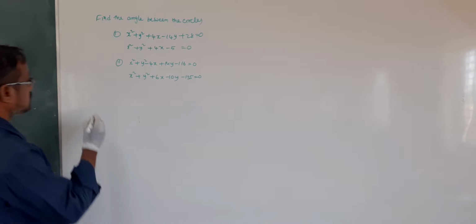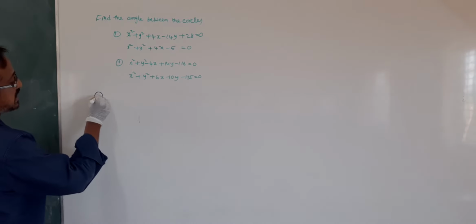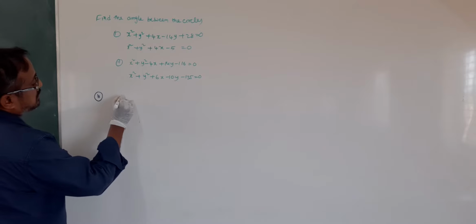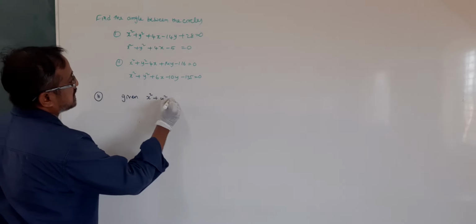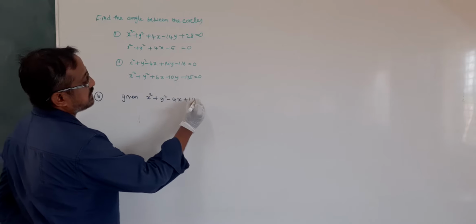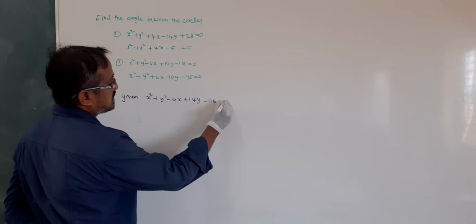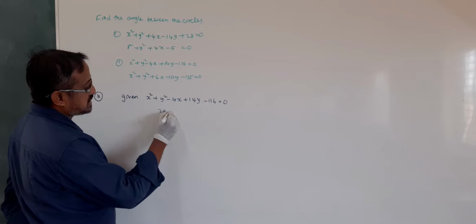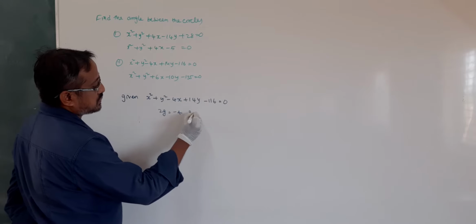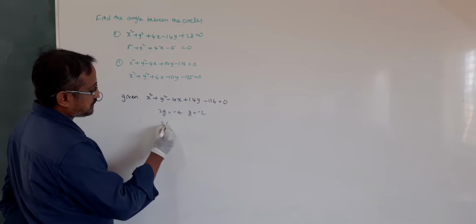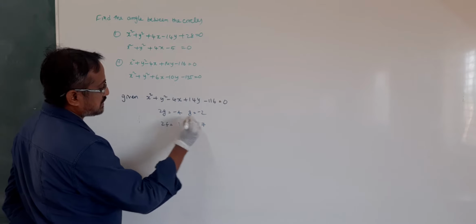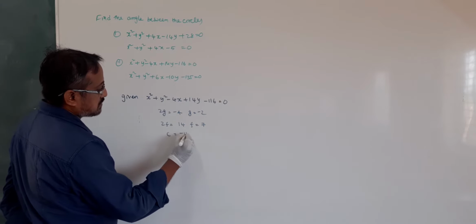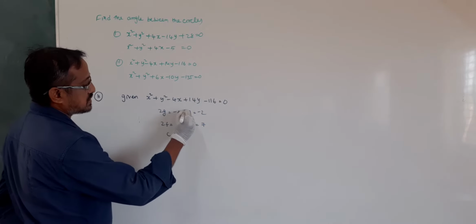Now see this, I will discuss the second problem. Now given x square plus y square minus 4x plus 14y minus 116 equal to 0. So 2g is equal to minus 4, g is equal to minus 2. 2f is equal to 14, f is equal to 7 and c is equal to minus 116.